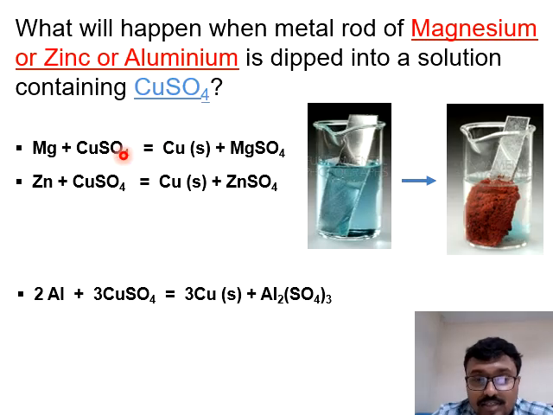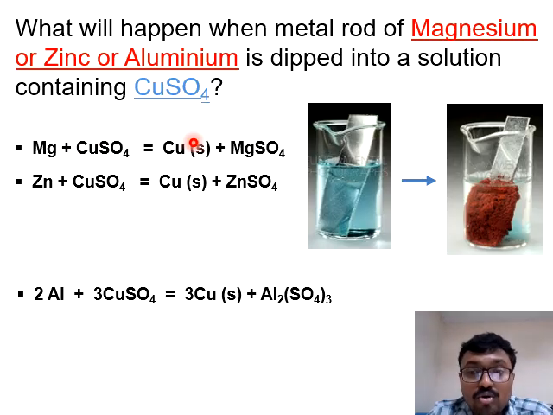Previously we had a silver nitrate solution; now we have copper sulfate solution, which means Cu2+. Now if we take magnesium or zinc or aluminum, they will give electrons. They will supply electrons to Cu2+, reducing Cu2+ to copper. So we will get deposition of copper on the metal surface.